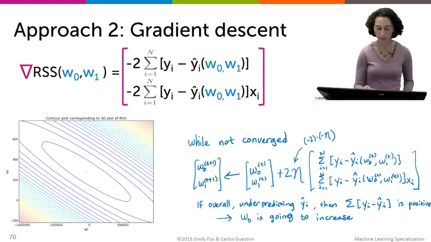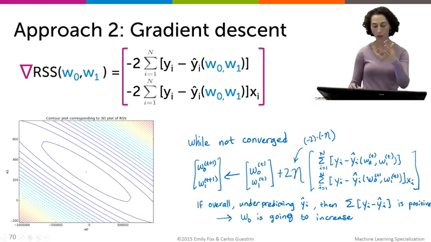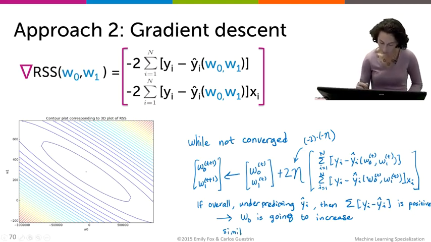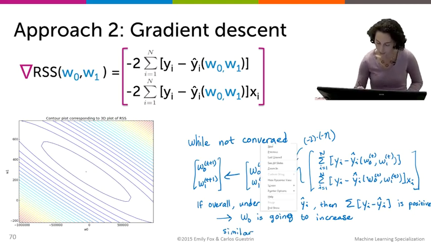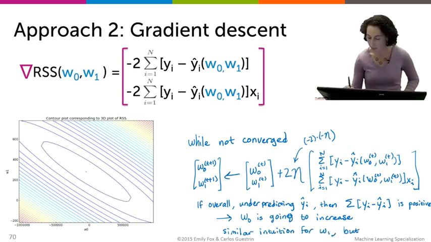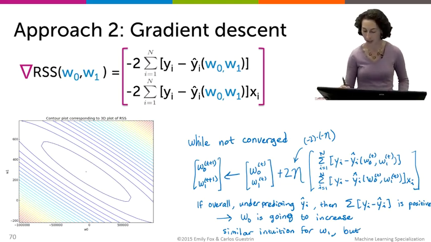And that's just talking about this first term, W0, but then there's this second term, W1, which is the slope of the line. And in this case, there's a similar intuition for W1, but we need to multiply by this xi, accounting for the fact that this is a slope term.